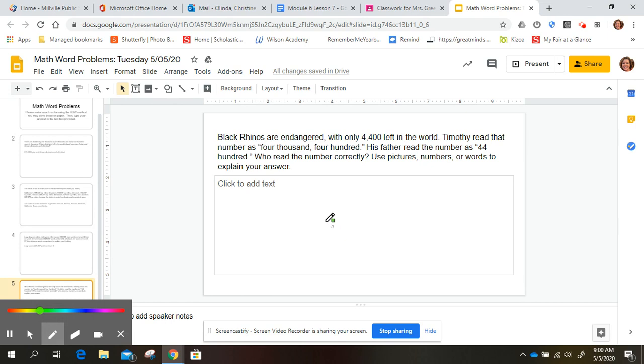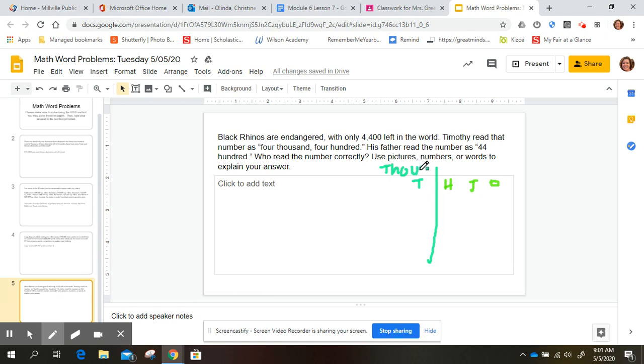And so we went back to that place value chart. Remember, it's ones, tens, hundreds, thousands. And then this period was called thousands. And this period is called hundreds.